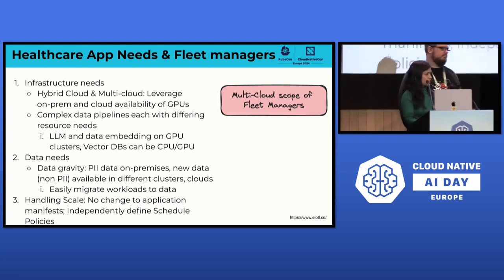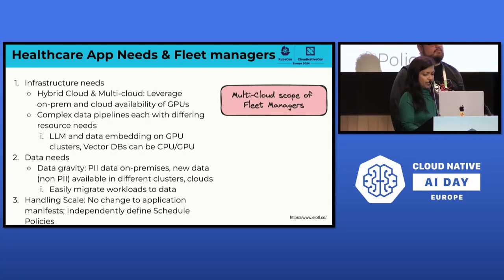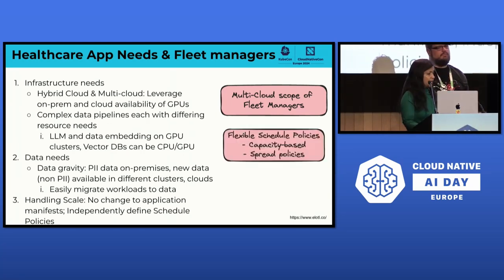Data gravity, which is the availability of PII data on premises and within clouds, is allowed for through flexible scheduling policies, both the capacity-based policies and spread policies that I referred to. And finally, the ability to handle scale. Nova as a fleet manager is defined to be easy to use, so there are no changes needed for your application manifest, except for the addition of labels.